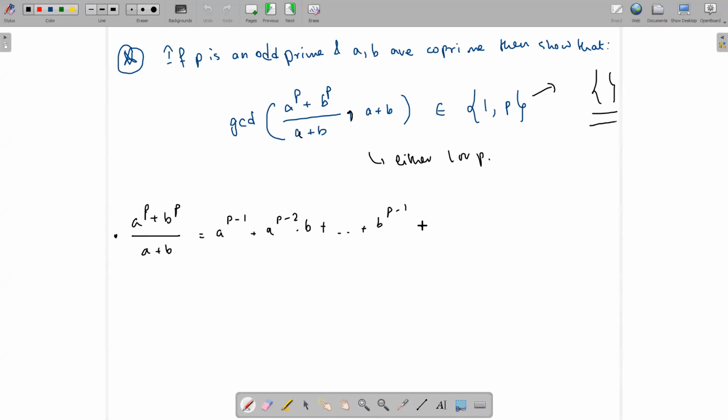I do not think the factorization is correct. I think this factorization is for minus, not plus. Yeah, the signs will be alternating. So this should be minus, right? Yeah. Now this is correct, right?